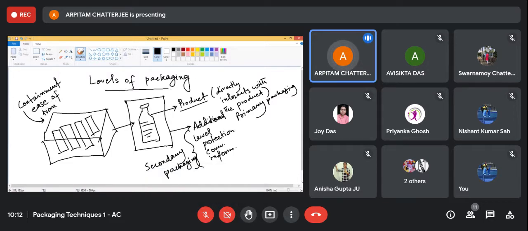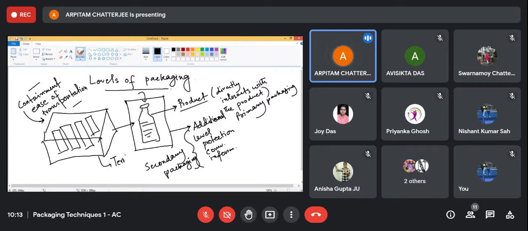When you want to deliver 15 such tonic bottles to a medicine shop, we put those 15 or 16 bottles in another packaging and then deliver it. This level is generally called tertiary packaging.